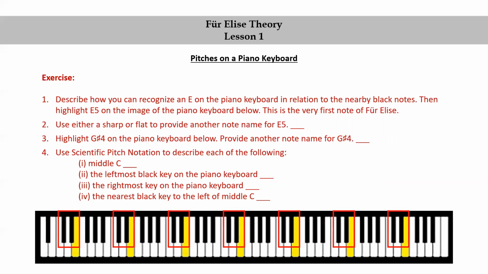And we see that the E's are directly to the right of any pair of black notes next to each other, where there's just the two next to each other. Okay, so these are all the E's going from E1 through E7, and I've highlighted E5 in red there.